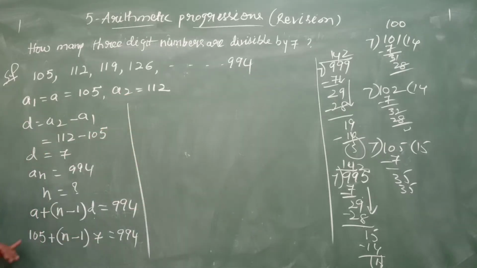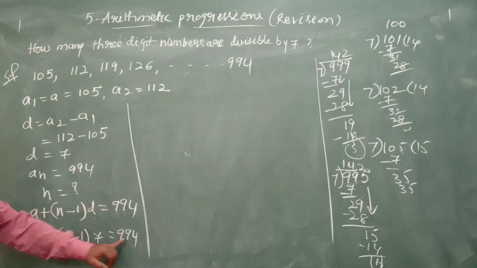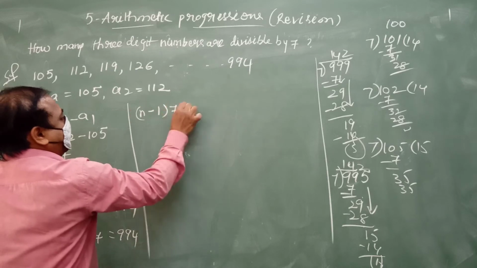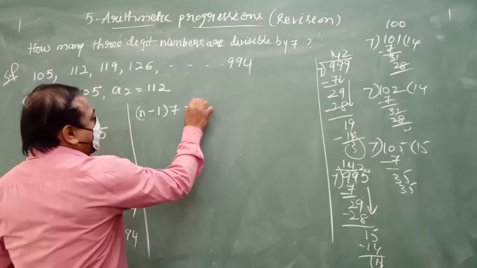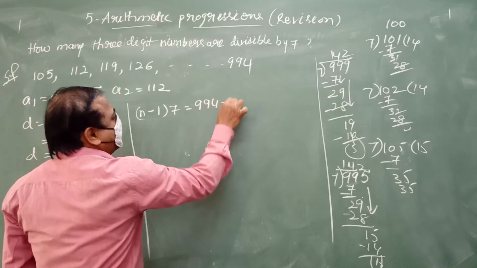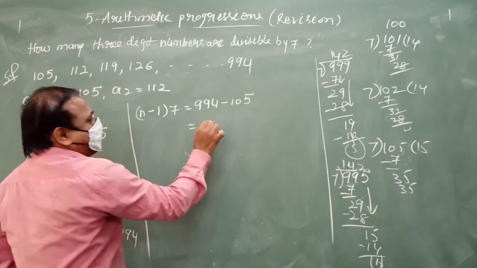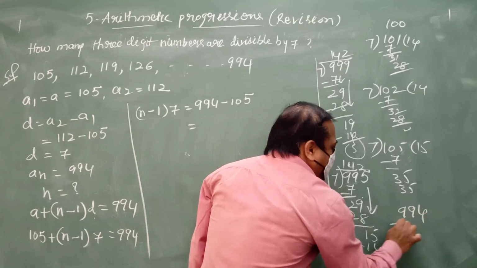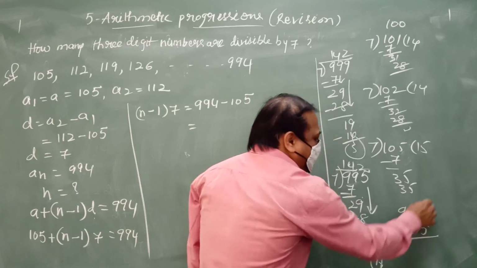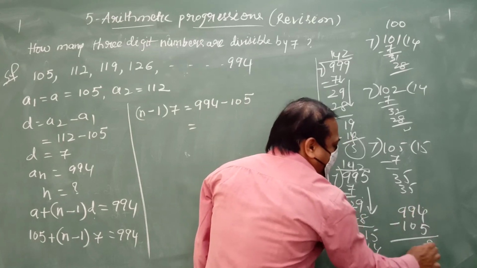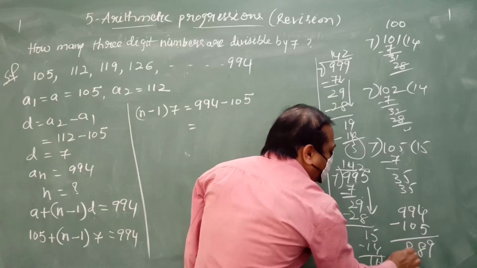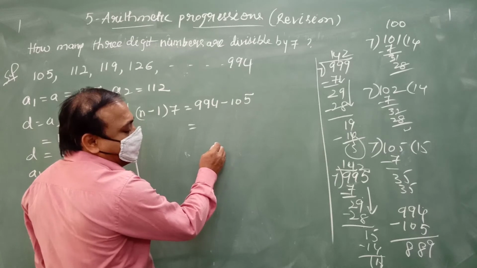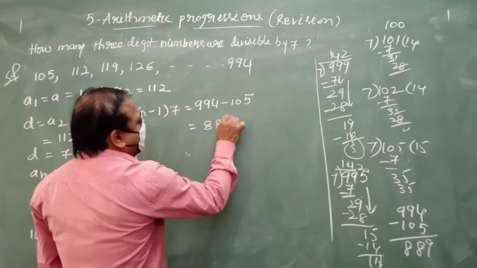Now 105, transpose this side. Then we will have n minus 1 into 7 is equal to 994 minus 105. If you subtract 994 minus 105, it is 889.